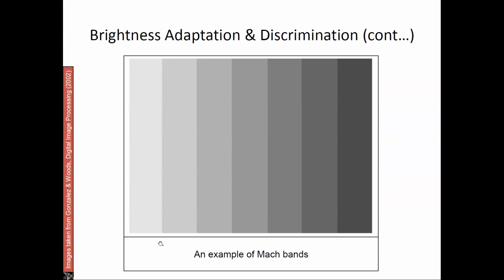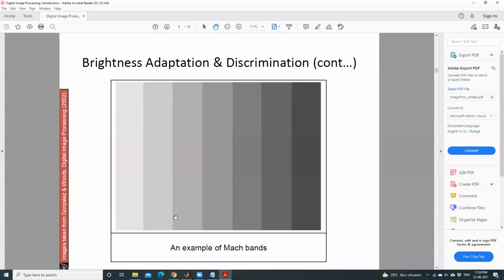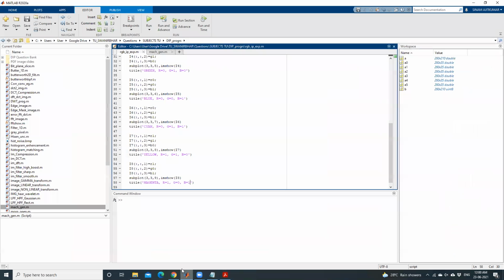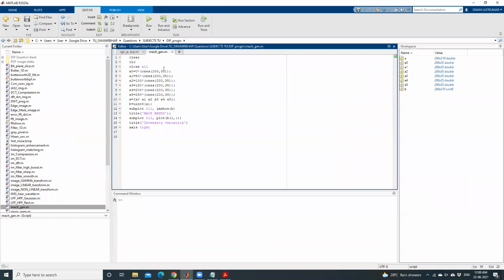To show you an experiment, I'm going to my MATLAB screen, where I'll show you a brief example. You can see here that we have a MATLAB program, and what we have is a set of ones generated and multiplied by 50.